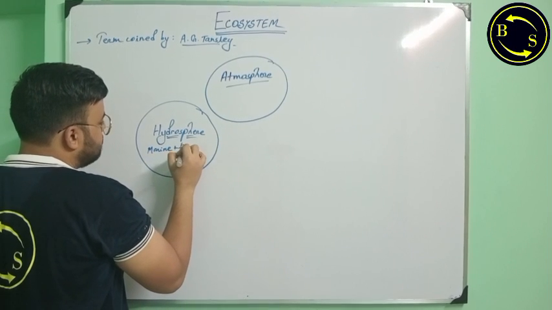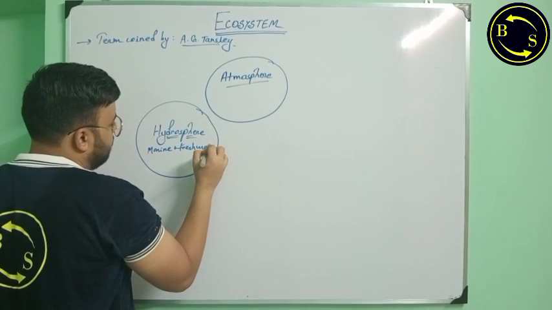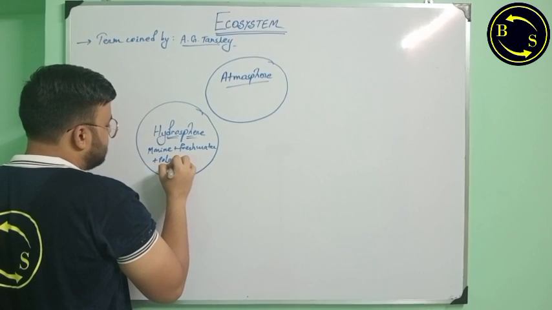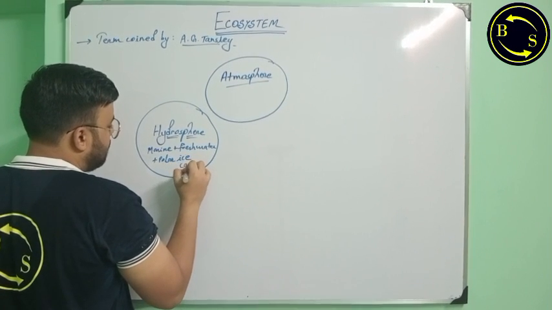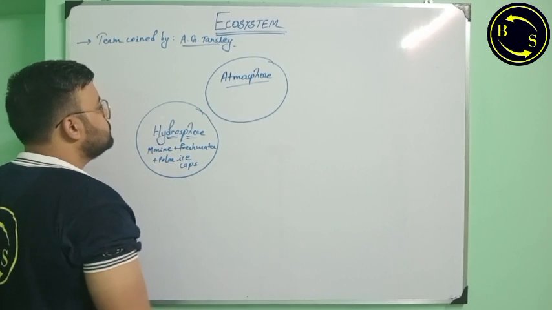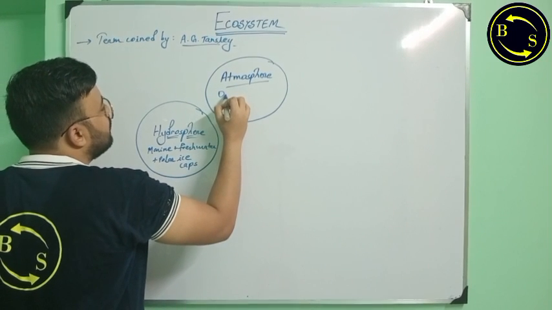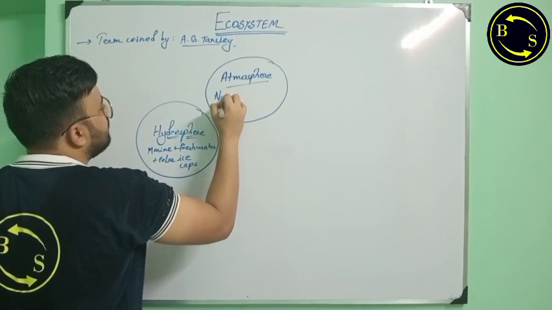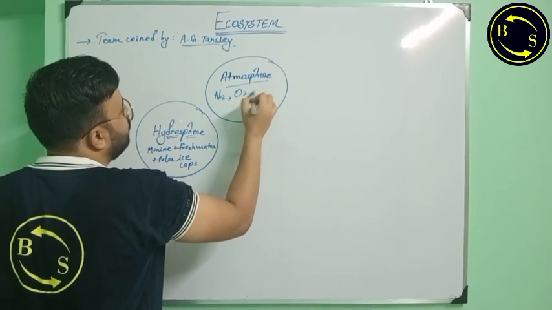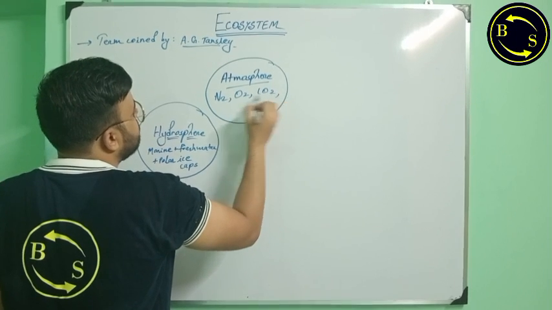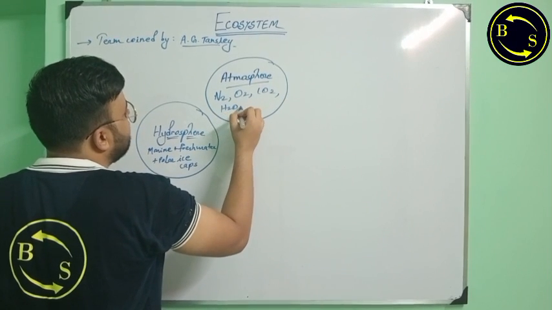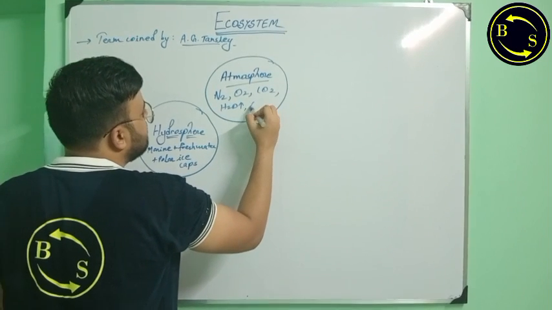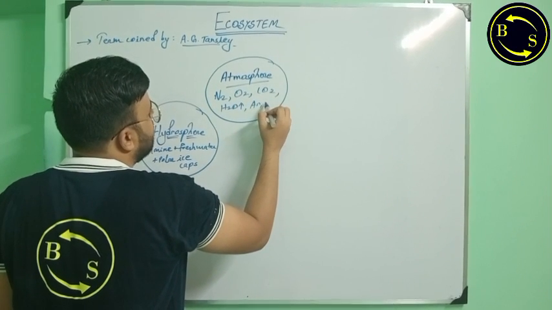Marine plus freshwater plus polar ice caps. Okay. The major component of atmosphere is nitrogen, N2, followed by O2, then CO2, then H2O, that is vapor, and other gases such as argon, etc.